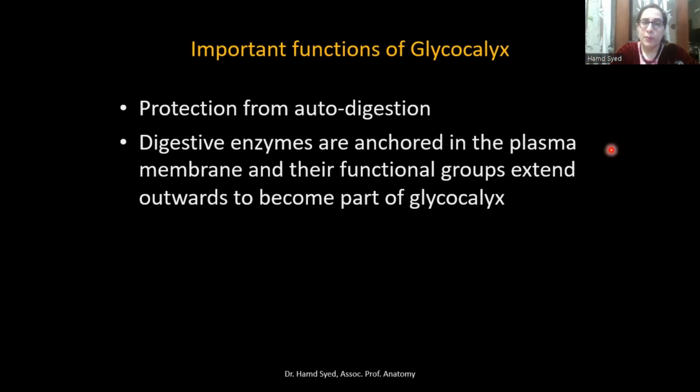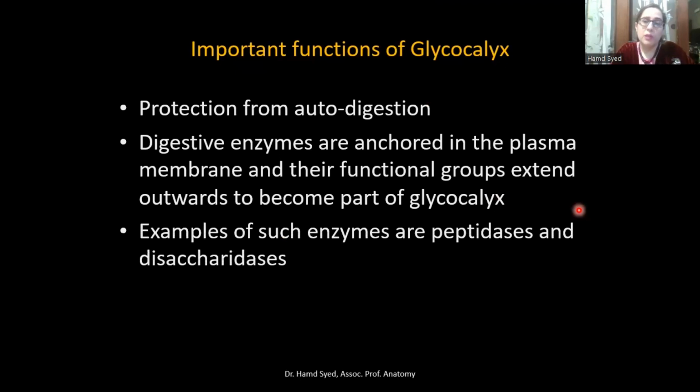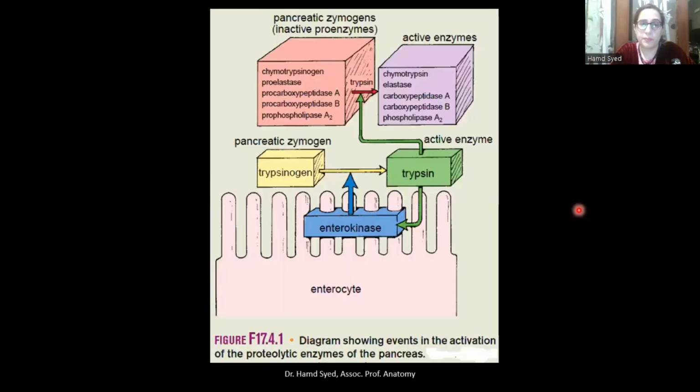Another function is that the digestive enzymes, remember, are anchored in the plasma membrane of the enterocytes, and their functional groups extend outwards and become a constituent of the glycocalyx. Examples of such enzymes would be peptidases and disaccharidases.